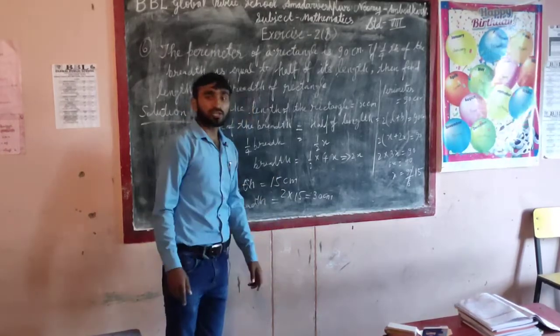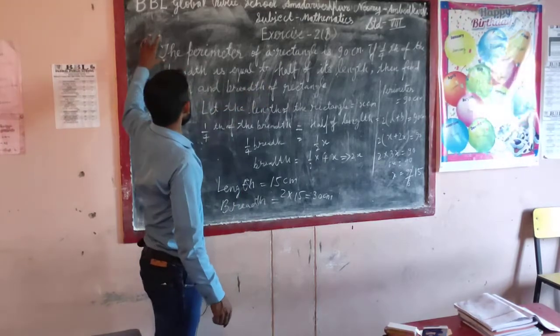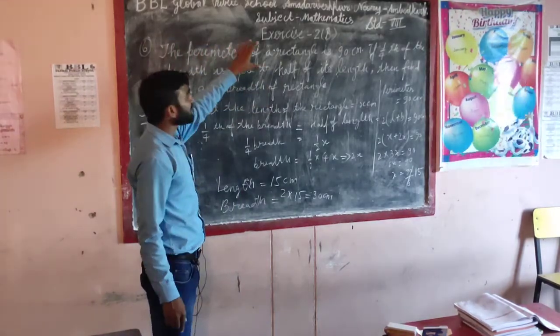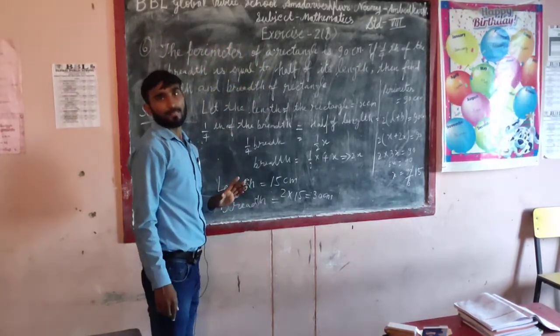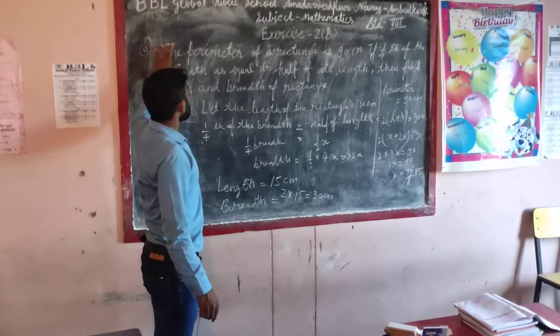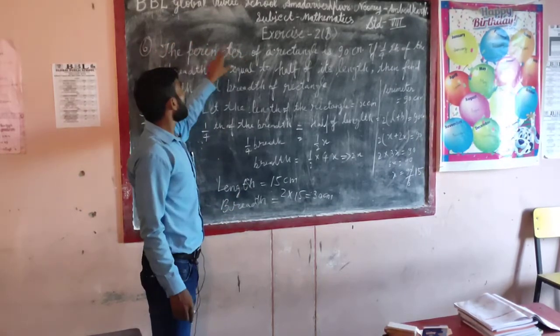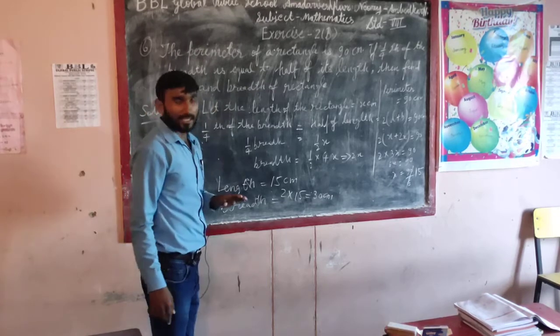I repeat the solution. If the perimeter of a rectangle is 90 centimeter, एक आयत का परिमाप 90 सेंटीमीटर है.